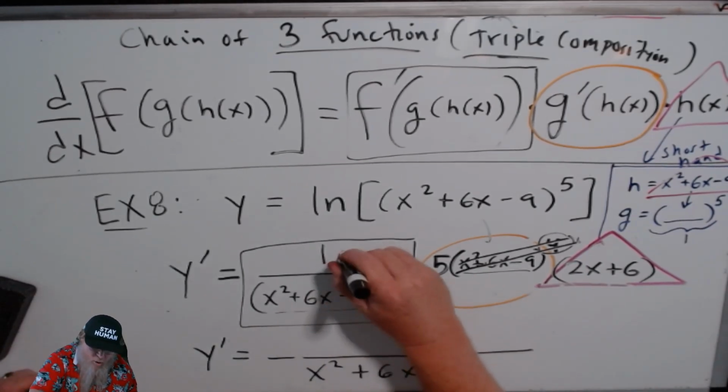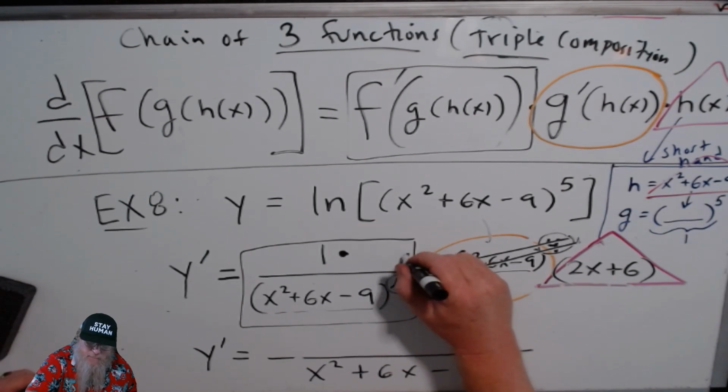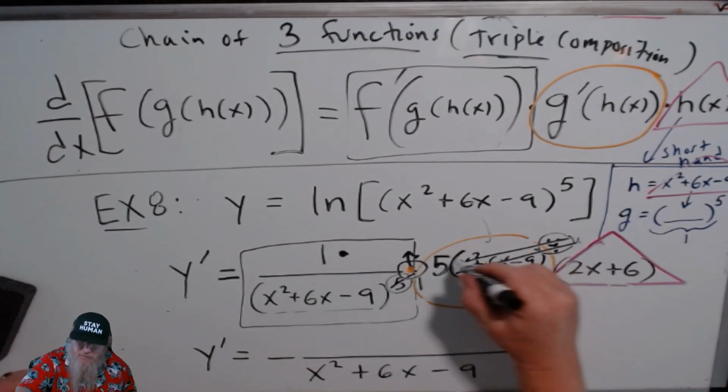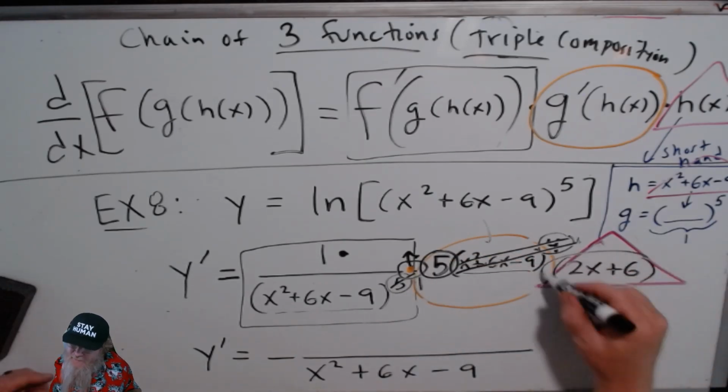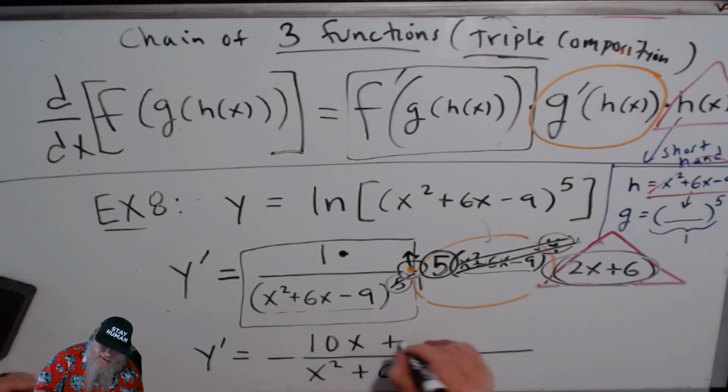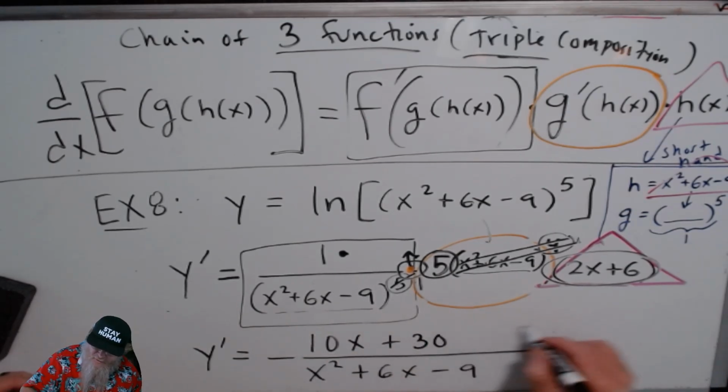Now this is 1 times, so this dot, I actually recommend bringing the dot up, multiplying across the top. 1 times 5 times 2x plus 6 is going to be 10x plus 30.